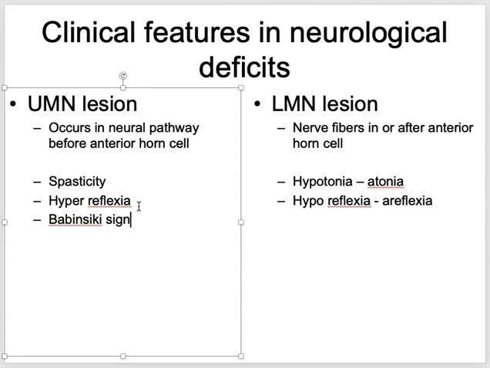When we stroke the sole of the foot with a sharp object, starting from the heel and bringing it towards the little toe, normally our toes go into plantar flexion.